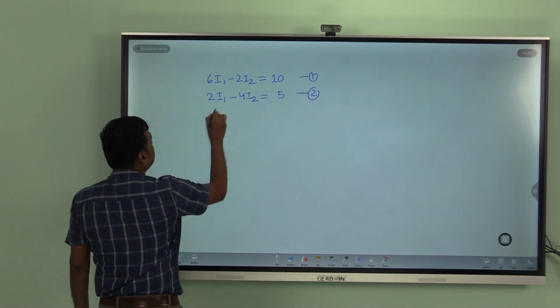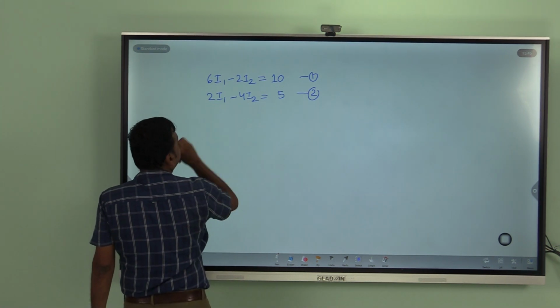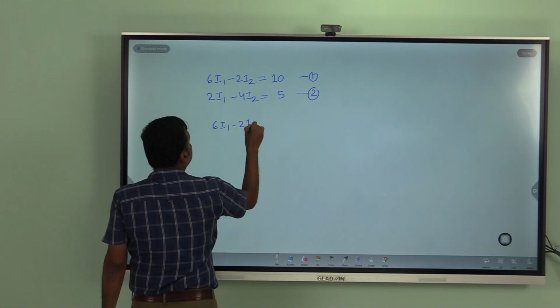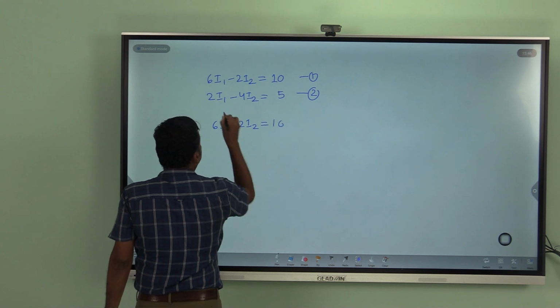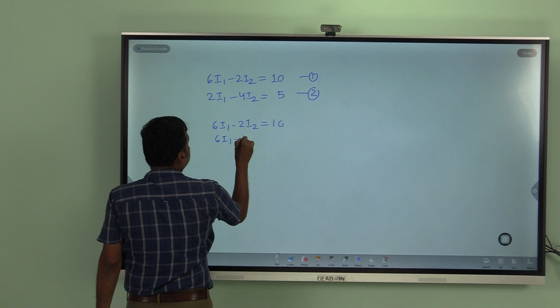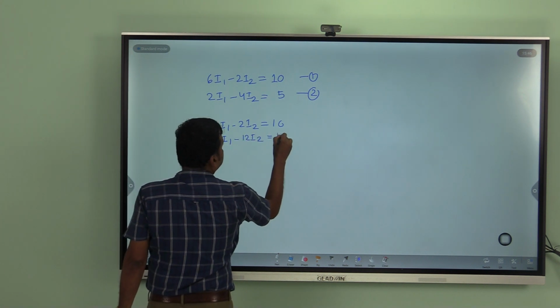How will you solve this? Simply multiply equation 2 by 3. Equation 1 is 6 I1 minus 2 I2 equal to 10. If you multiply equation 2 by 3, that is 6 I1 minus 12 I2 equal to 15.